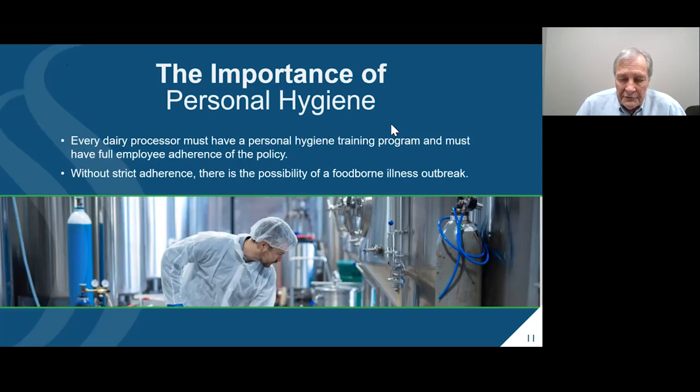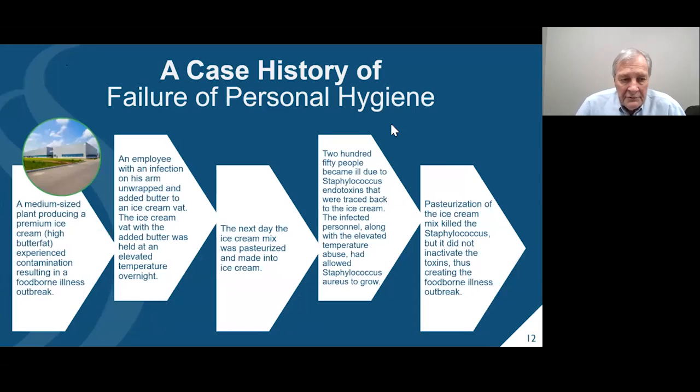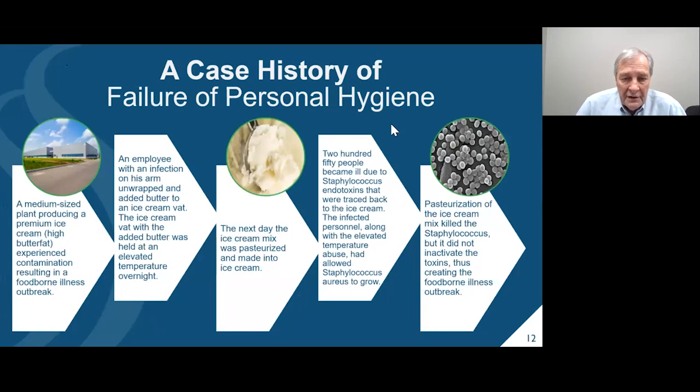A little case history. I was working with an ice cream plant. This ice cream plant was a small ice cream plant, and they were making a premium ice cream by melting butter and putting it into the ice cream mix. The guy that was in charge of unwrapping the butter and melting the butter had a staph infection on his arm. The staph infection then got into the ice cream mix along with the butter. The ice cream mix and the butter were held at elevated temperatures overnight, and the staph was able to grow.